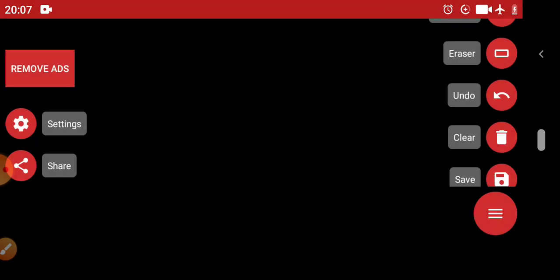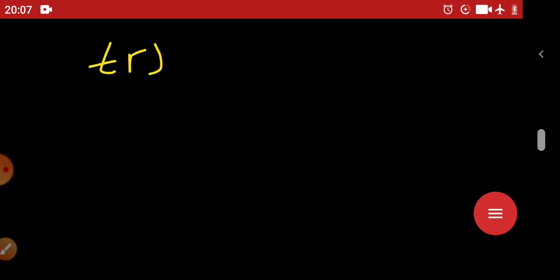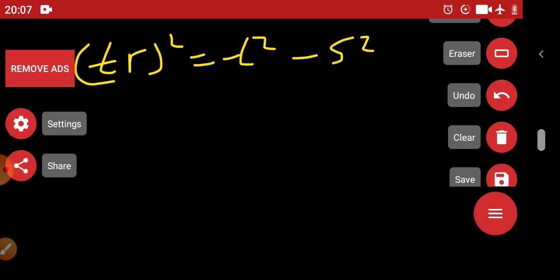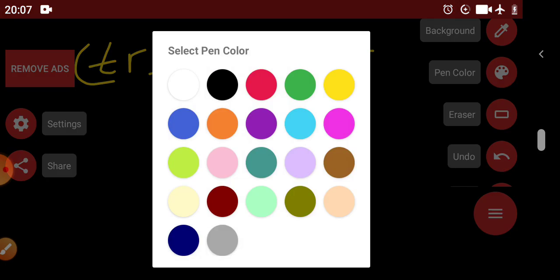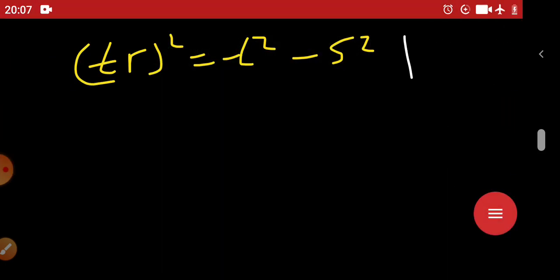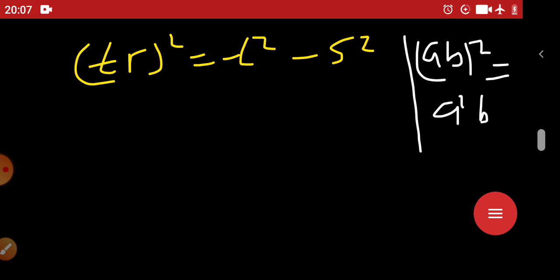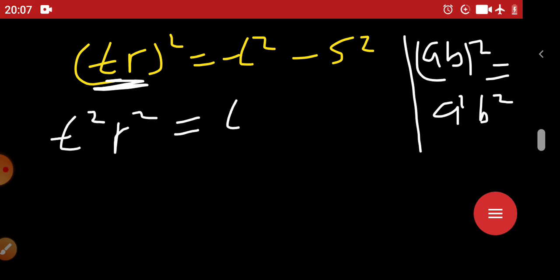We apply the rule where ab all squared is equal to a squared times b squared. In this case, we'll have t squared times r squared, and this will be equal to t squared minus s squared.